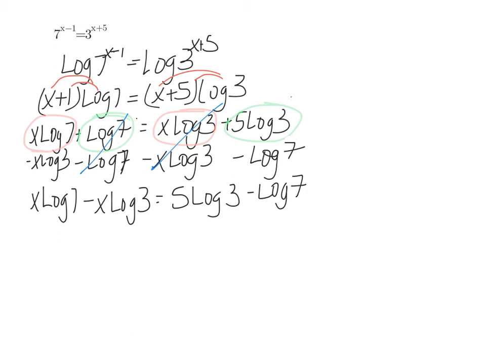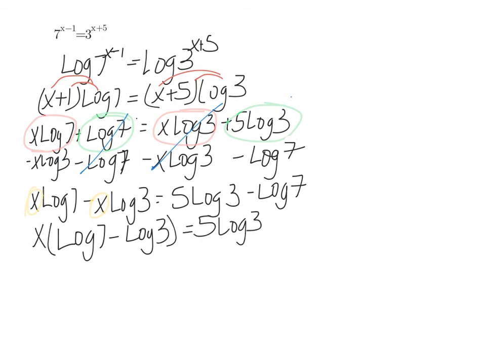And then I have an x in common here, so I can factor that out. So I'm going to factor the x out, and I get x times the log of 7 minus the log of 3 equals 5 log 3 minus log 7.